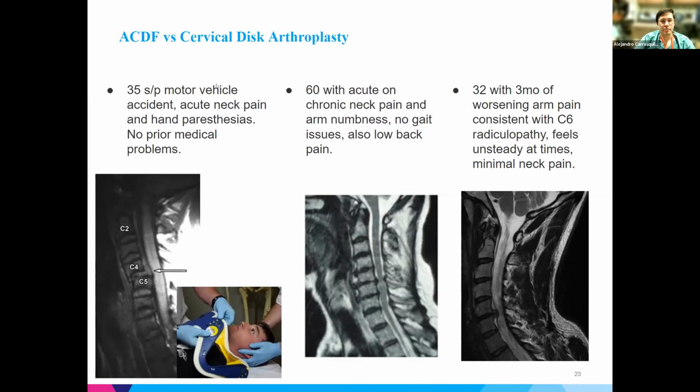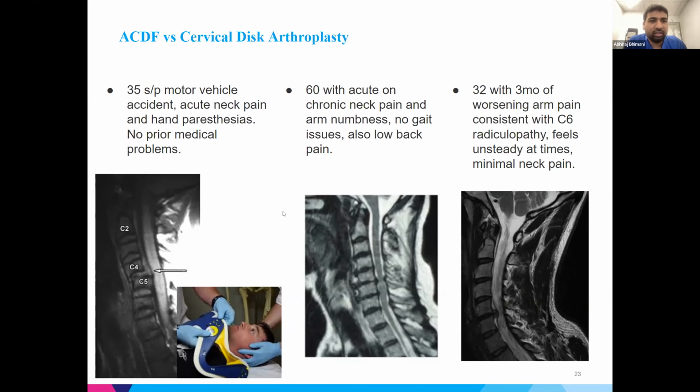Abhi, why don't you just comment on the pros and cons of using each in these patients?